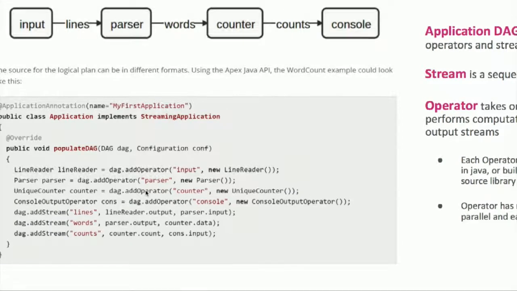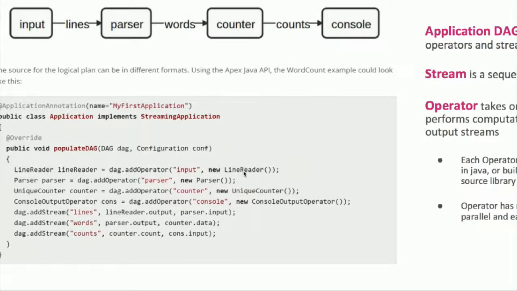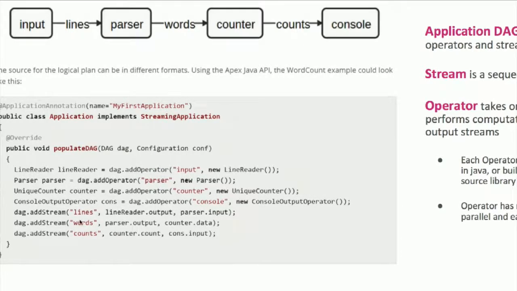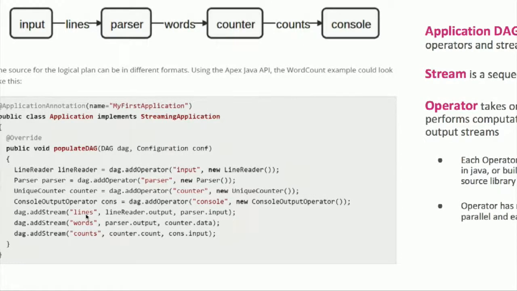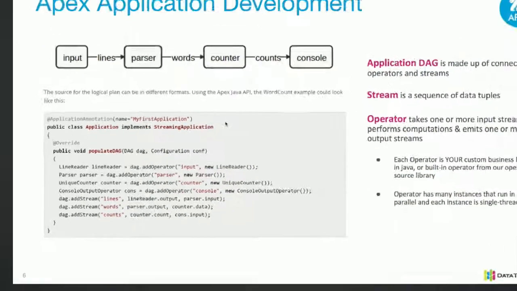You declare an application, and inside your populateDAG method, you add your operators, and as you can see, the individual names like input, parser, counter all appear in the logical representation above. That's what you're naming your operators, and then you're instantiating classes with your own logic of what they will be doing, and then you simply connect the operators by streams, which are like lines, words, and counts here, shown above, and that's pretty much it. That's most of how the applications are developed.